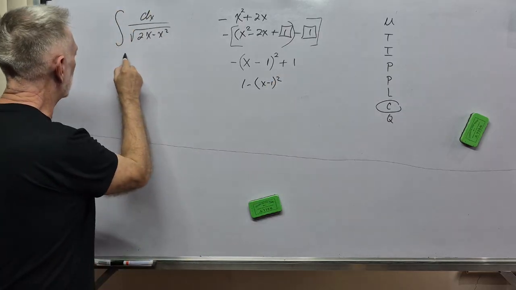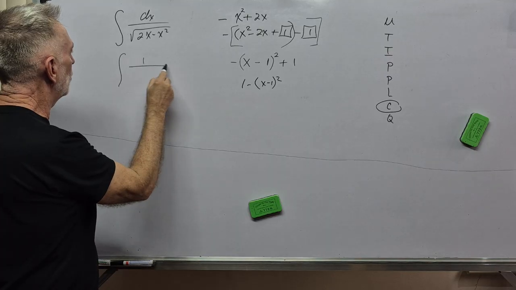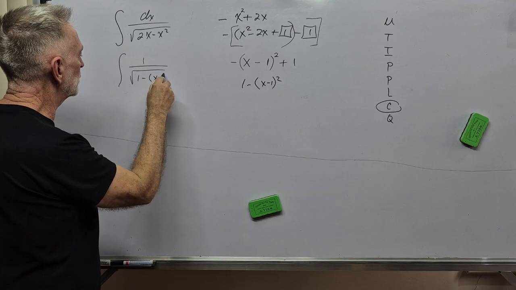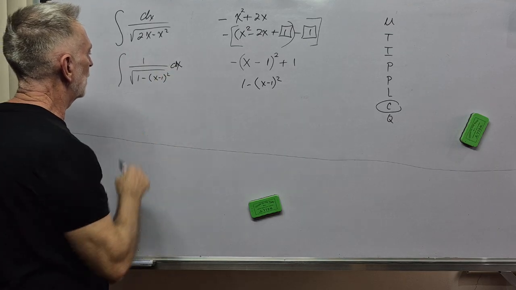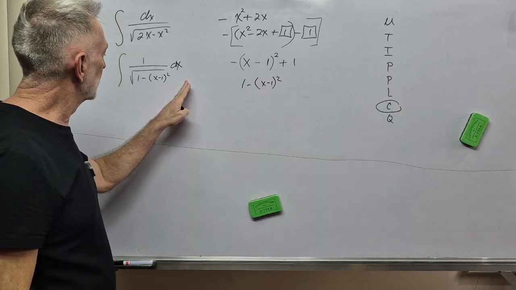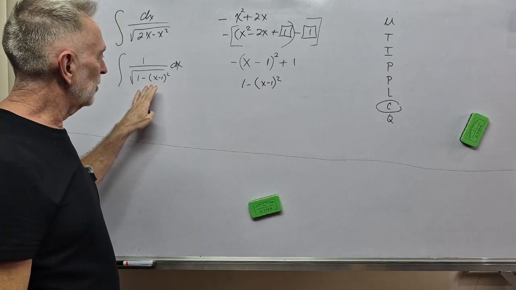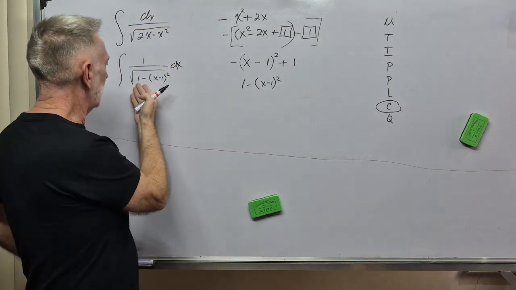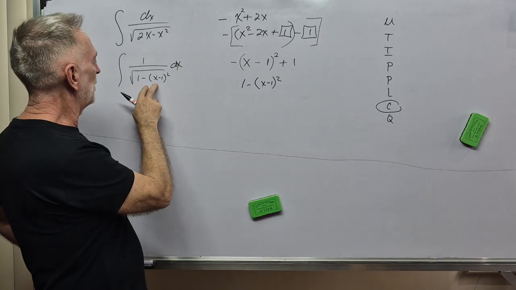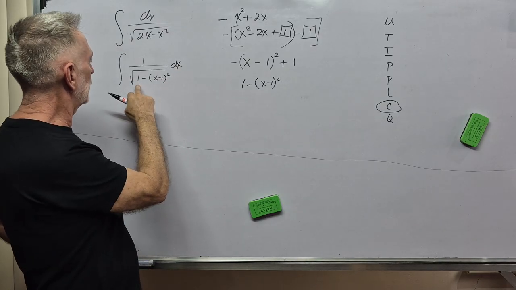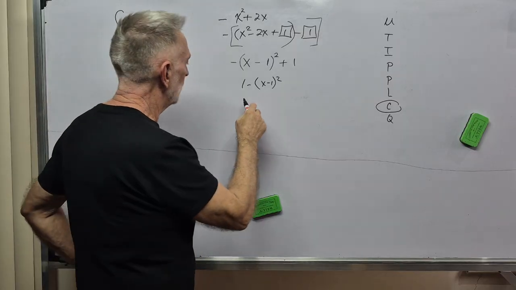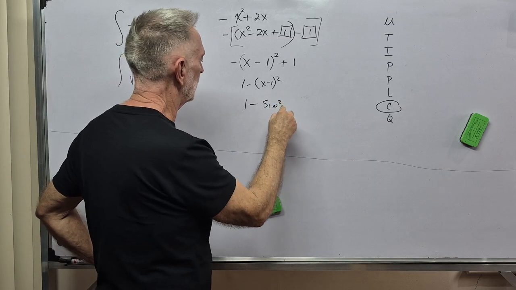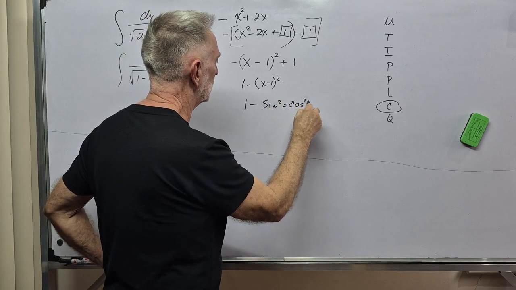So now we have the integral of 1 over the square root of 1 minus the parentheses of x minus 1 squared, integrating with respect to x. When you look at this term, it could be 9 minus x minus 1 squared or some other number other than 1. You're looking at things like 1 minus sine squared equals cosine squared theta.